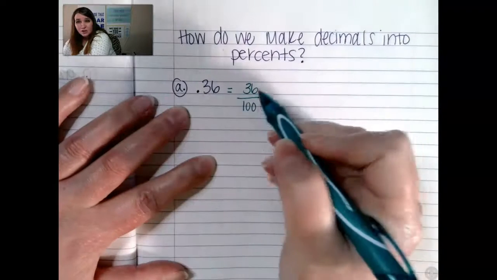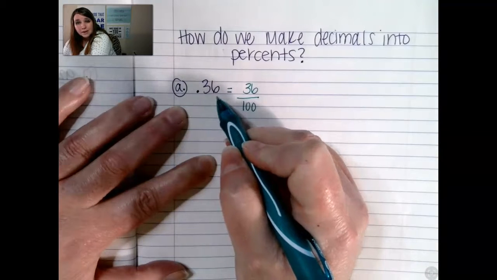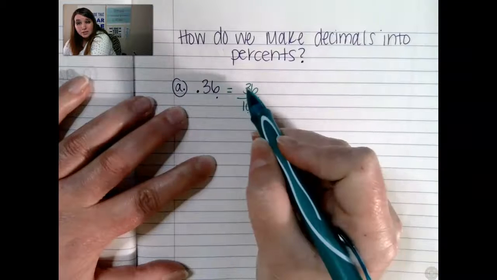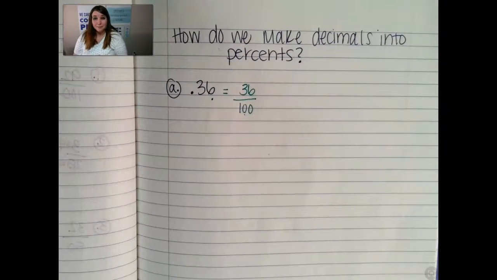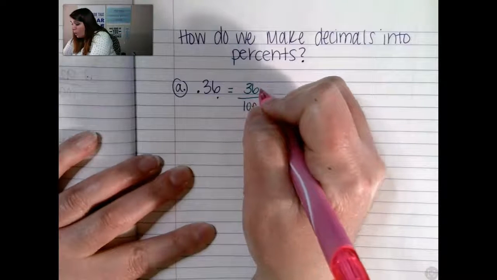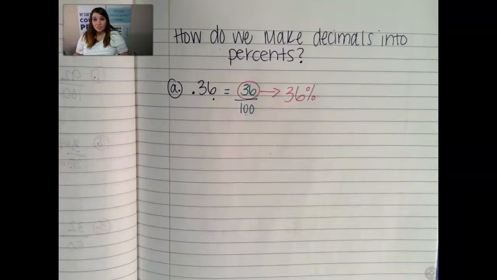It's just 36 over 100, and that's also because it's 2 places after the decimal. That means 2 zeros. Now we can turn this into a percent. The reason why we can turn this into a percent is because it's already over 100. So all you have to do now is just take this 36 and make it 36%. That's all that you have to do.